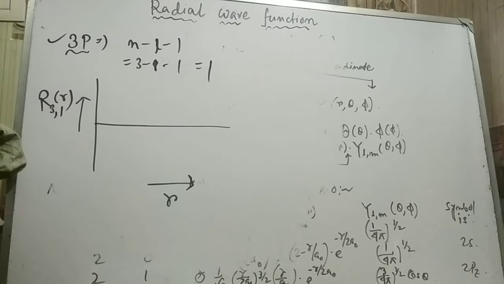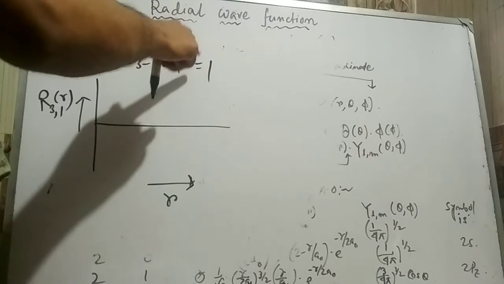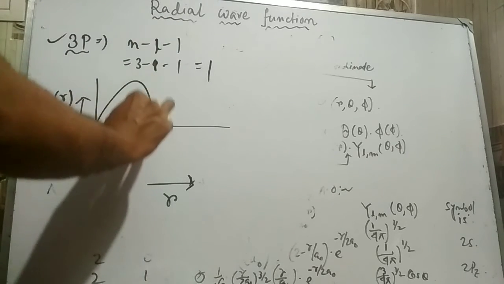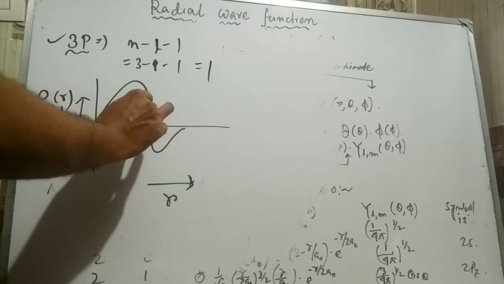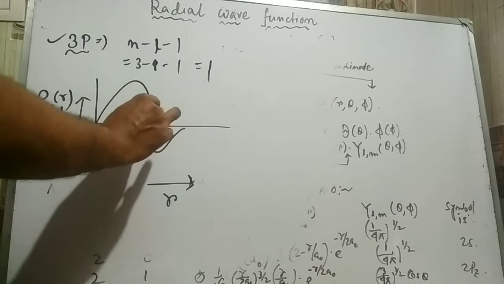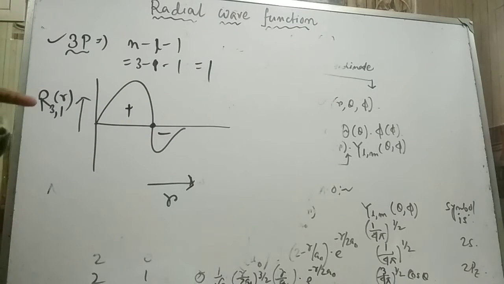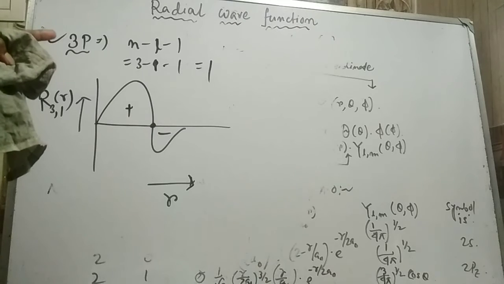In the case of a p atomic orbital the curve starts from the origin, and one node is obtained here, with the part beyond it negative. This is the radial wave function curve for the 3p atomic orbital.